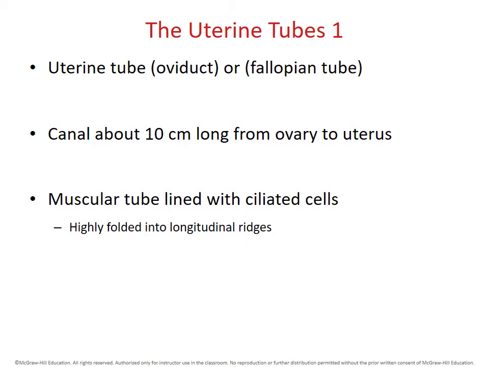If it happens before that, right at the point of ovulation out of the ovary, then the oocyte will arrive at the uterus too late and won't be able to implant successfully. If the fertilization event happens after the oocyte has moved through the uterine tube and has made it into the uterus, then the zygote will implant too late on the wall of the uterus.